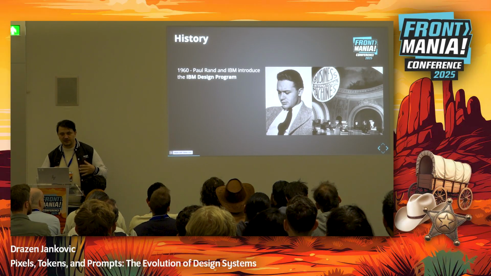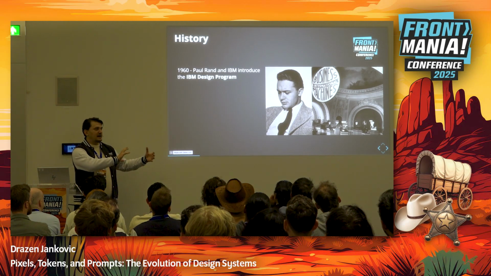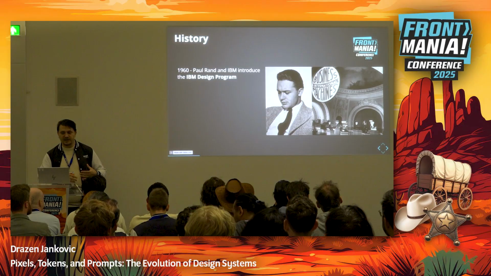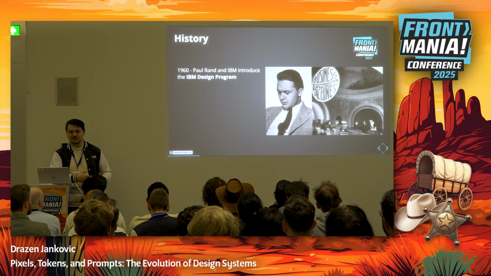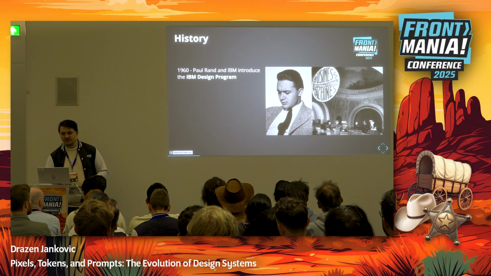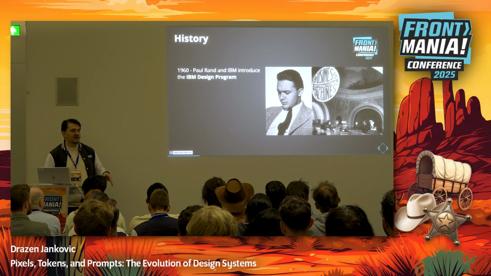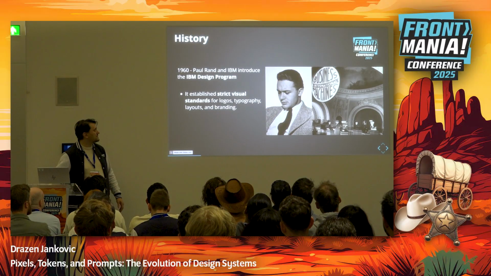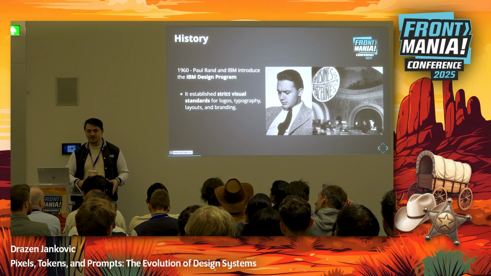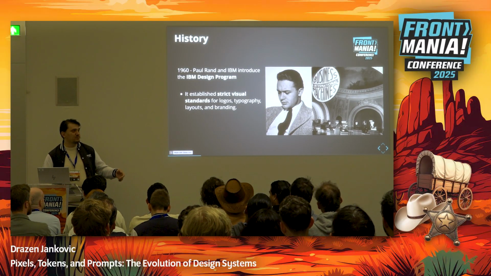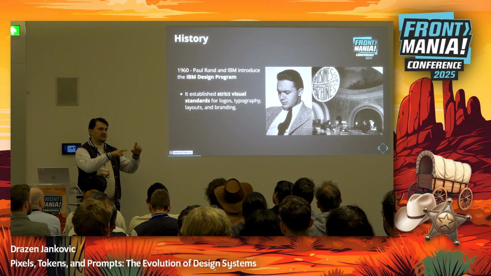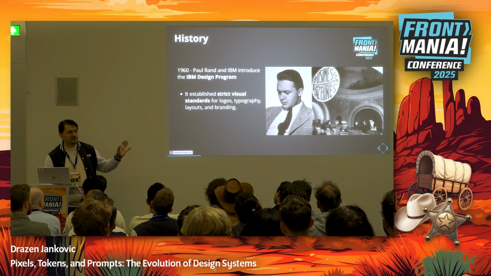This was the really big switch from how style guides and patterns were done before, and for the first time we had something that could be treated as a scalable system, and it could be governed, unlike in the past. What he did was establish strict visual standards, things like logo and type. Why do they need 13 lines in some of the IBM logos, and in others it can be blank, things like that. That was all done by him for the first time.